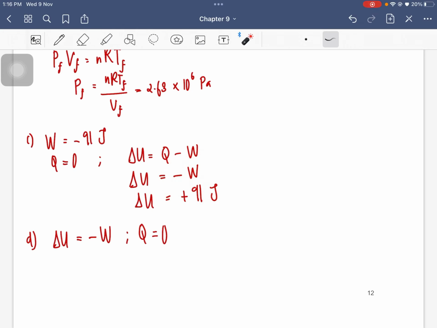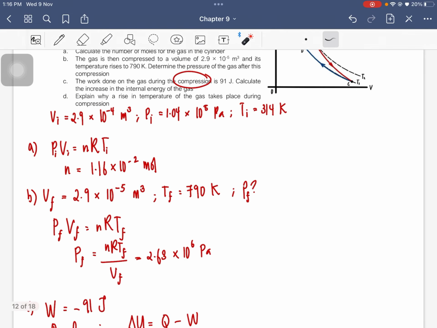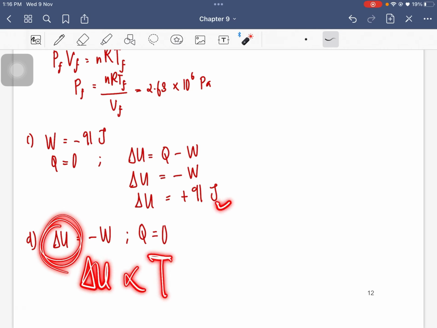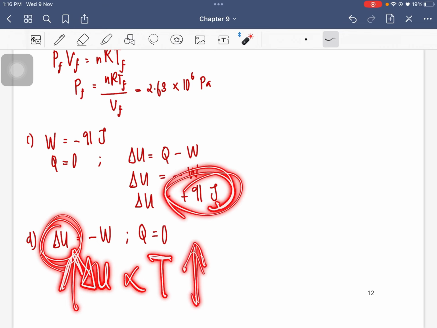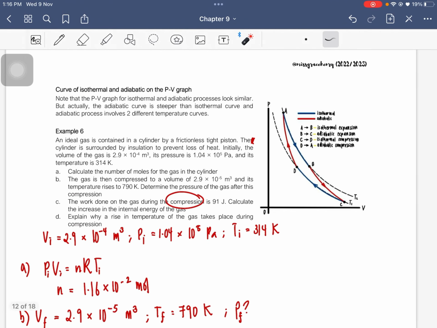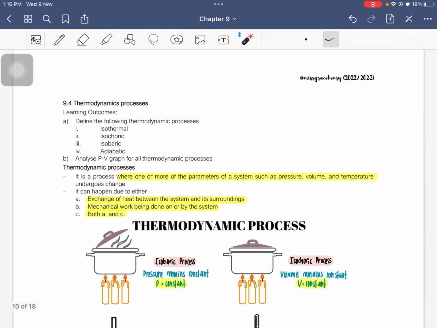So the temperature increases, resulting in a rise in temperature. Okay, but basically delta U is proportional to the temperature. So if the internal energy increases, the temperature should also increase. Like that. Okay. Alright, so that is on example number 6 and subtopic number 4.